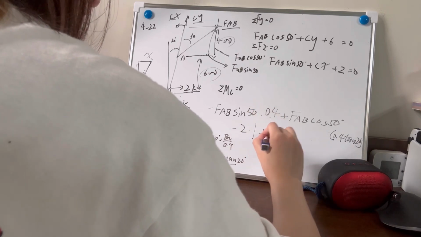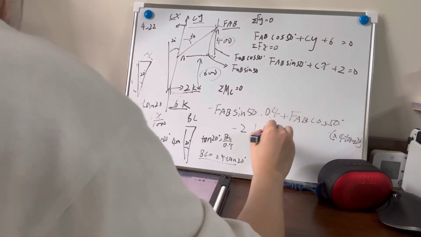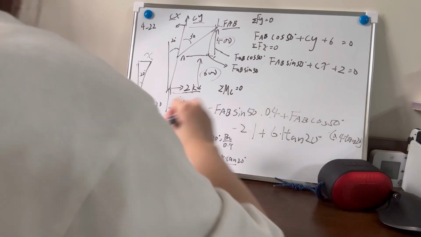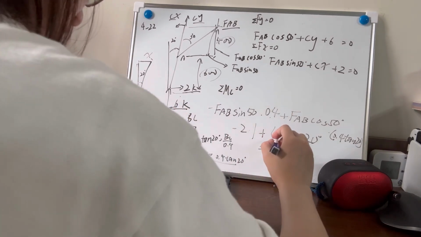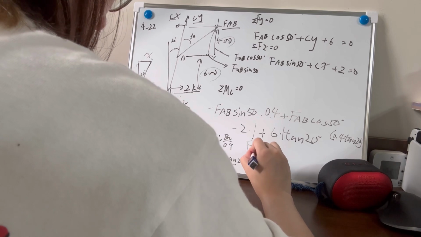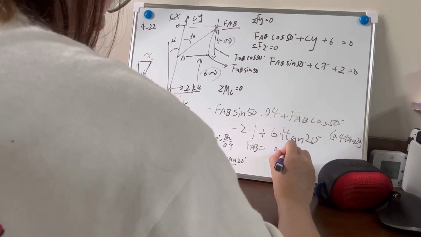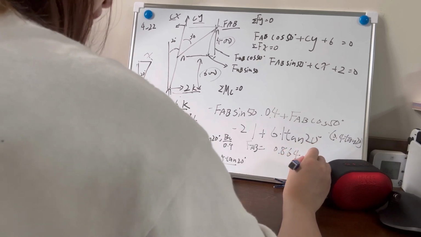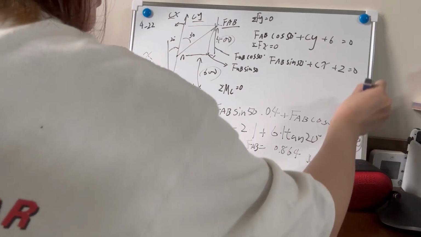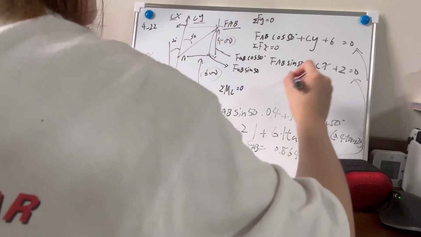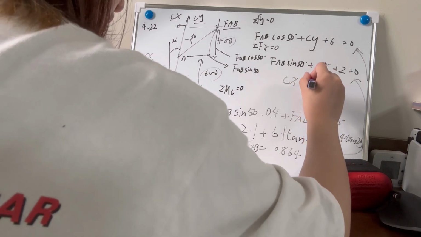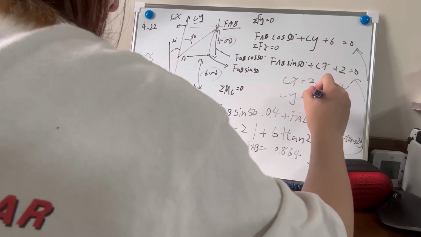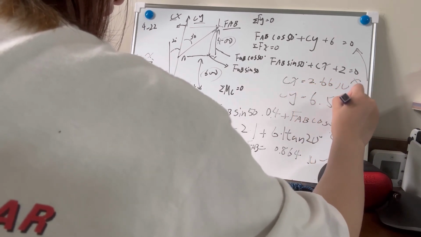So you also have to calculate this force 6, times 1 tangent 20. So the answer is FAB is 864, and so we can know the Cx is 2.66, and the Cy is 656.